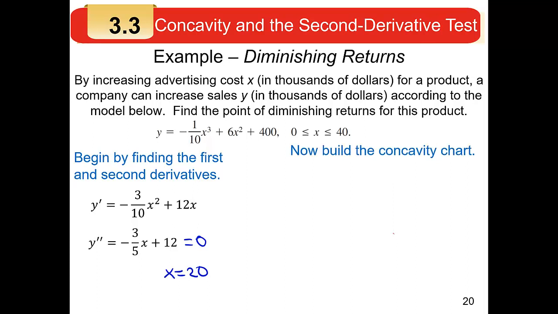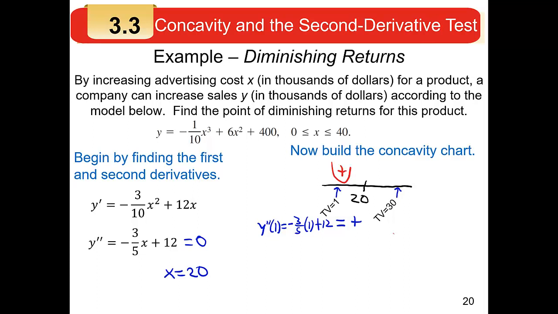Now, if you want to actually verify that it satisfies the condition of being a point of diminishing returns, it has to be concave up on the left and down on the right. So technically, you should check this. If you take a test value on each side, say a test value of 1 in the second derivative, you get a positive value.